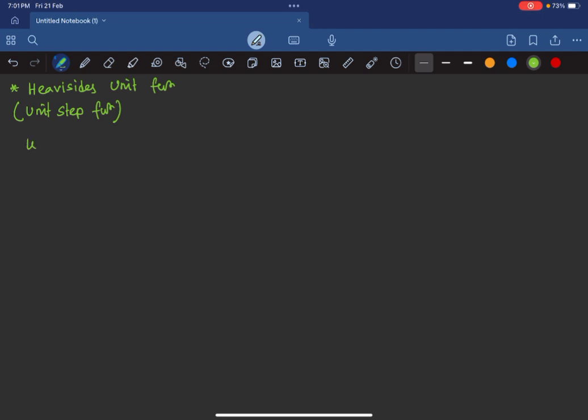The function of the form u(t-a) is equal to 0 if t is less than a, and 1 when t is greater than a. This is called the unit step function. If you want to draw the graph of this function, it looks like this. Suppose this is the t axis, and here t equals a.